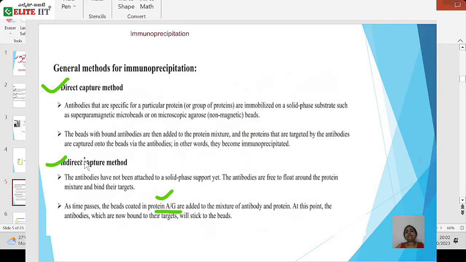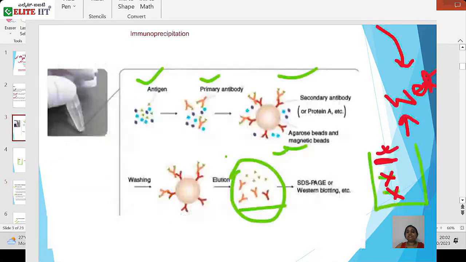Now see, in this case, it's like the ELISA test, where there was a direct method and an indirect method. In this case also, there is a direct and an indirect capture method. Direct capture means you are not adding any secondary antibody, only primary antibody with beads. But whatever we have discussed is the indirect method.